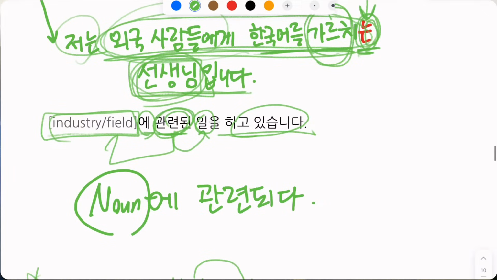So if I don't want to specify what I do, but I want to just provide an overall idea, then I could say 뭐 교육에 관련된 일을 하고 있습니다. 교육 means education.